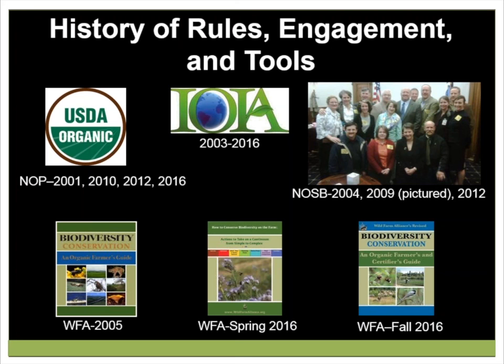Since then, we've been engaging with the NOSB and encouraging them to make recommendations to the NOP, which they did a few times. And in 2009, they made a comprehensive recommendation to address biodiversity conservation. The biggest thing that came out of that was this guidance that came out in January of this year, but also some other important steps that the NOP has taken based on their suggestions. The NOP has their own organic system plan, and they've updated it twice to include biodiversity and natural resources.